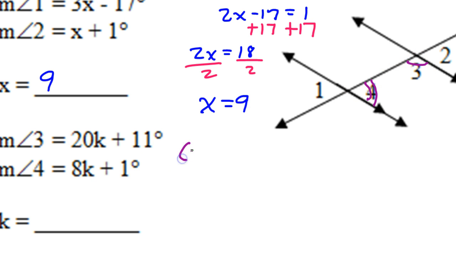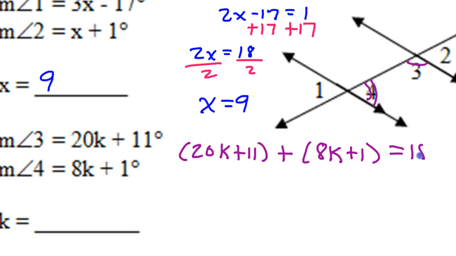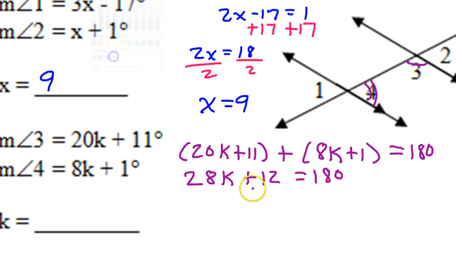So you should go 20k plus 11 plus 8k plus 1. That should add up to 180. So 20k plus 8k is 28k. 11 and 1, that's 12, is equal to 180. So let us subtract 12 from both sides.